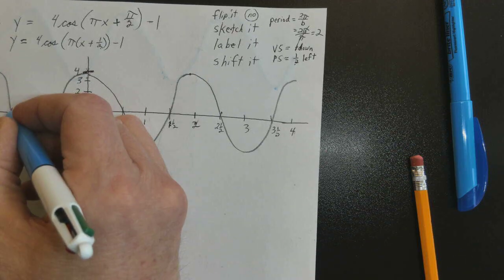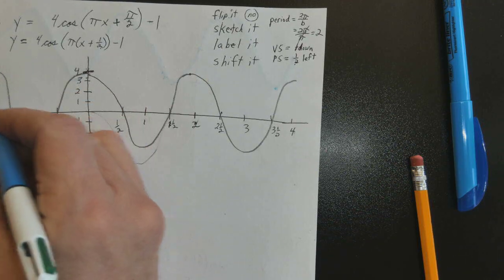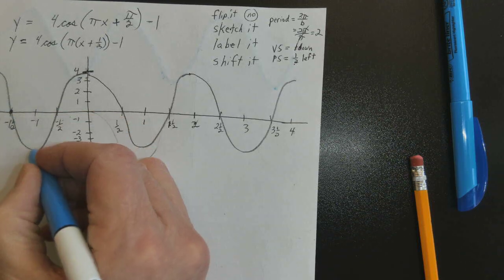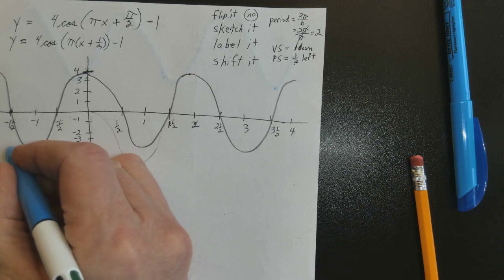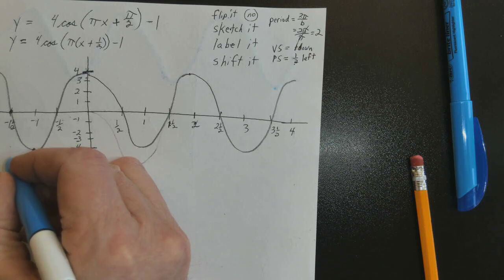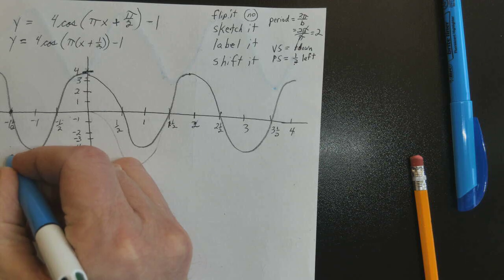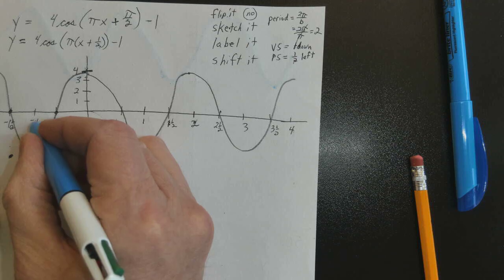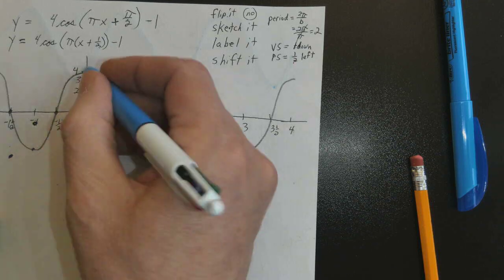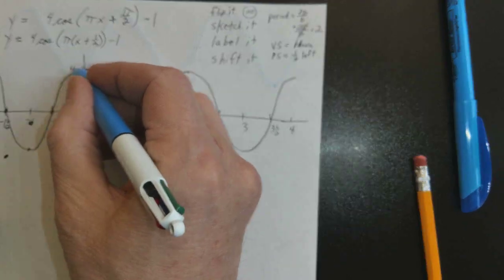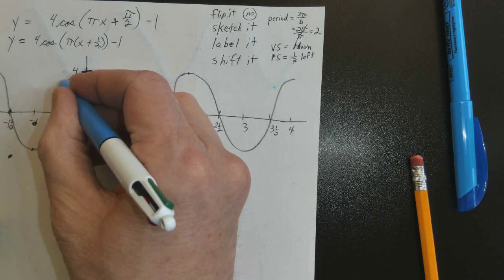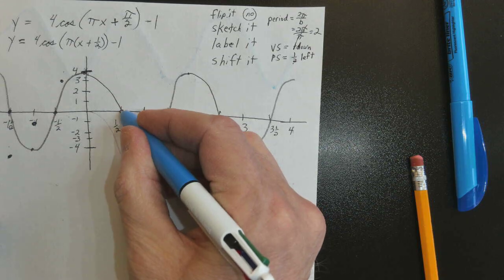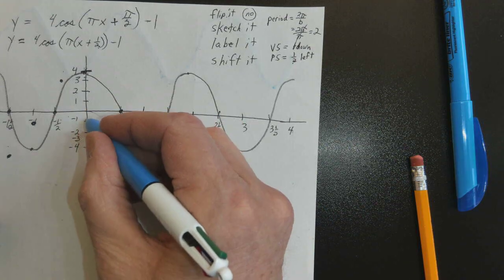Okay. This one right here. 1/2 left, 1 down. This one right here. 1/2 left, down 1. This one right here. 1/2 a unit left, down 1. This one right here. 1/2 a unit left, down 1. Okay. This one right here. 1/2 a unit left, down 1.